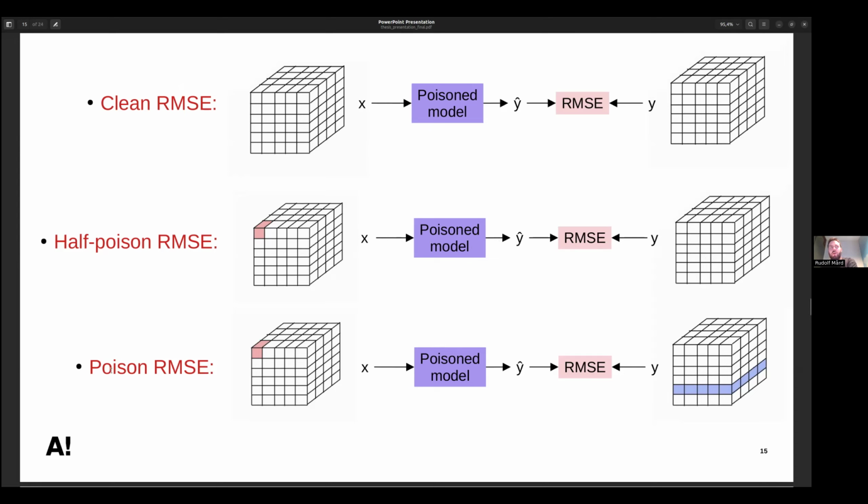And lastly, we have the poisoned RMSE set, where we embed the trigger pattern to the input, and we also poison the prediction target. So this measures basically how well the poisoned model learned the attacker's goal of producing 50% lower values.